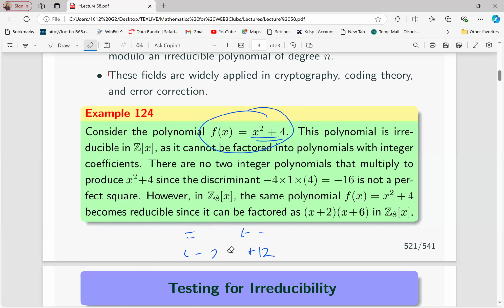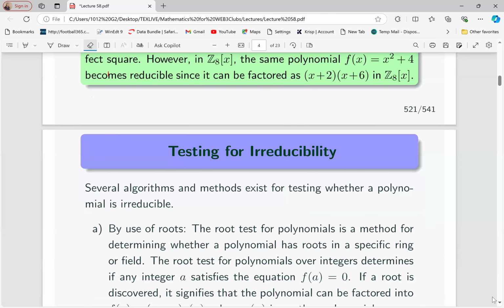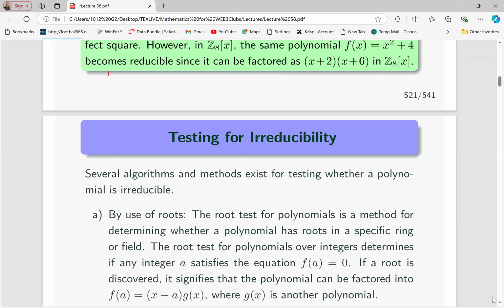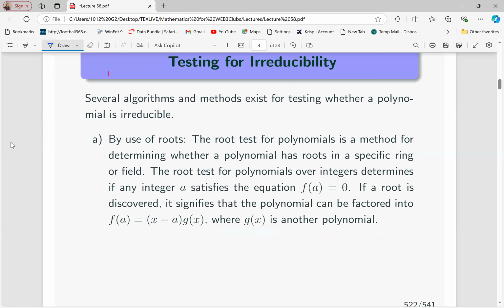So that is what I want us to look at, and then we look at how you test if a polynomial is irreducible in a given field. How do you test? There are several methods for testing if a polynomial is reducible, and I'll consider the first approach by use of roots.